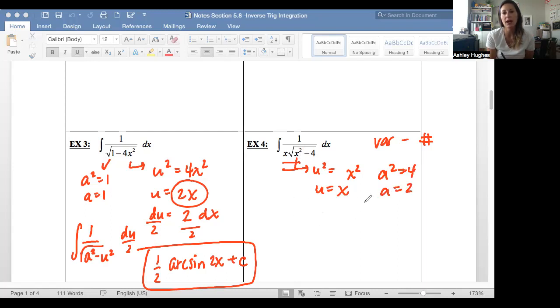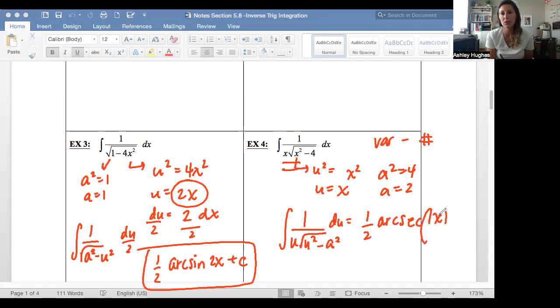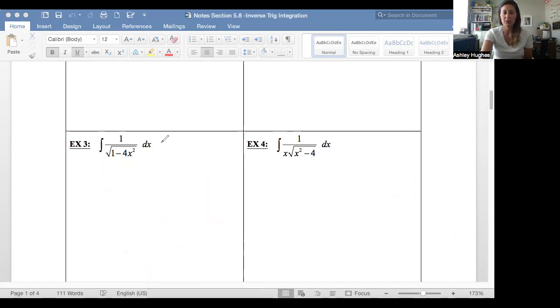And so if I was going to write the formula, I have 1 over u times the square root of u squared minus a squared, and dx is du, so it works out to be 1 over a arcsecant, and then absolute value of x over 2 plus c. You have to have absolute value in there because you have to have a positive argument for arcsecant.